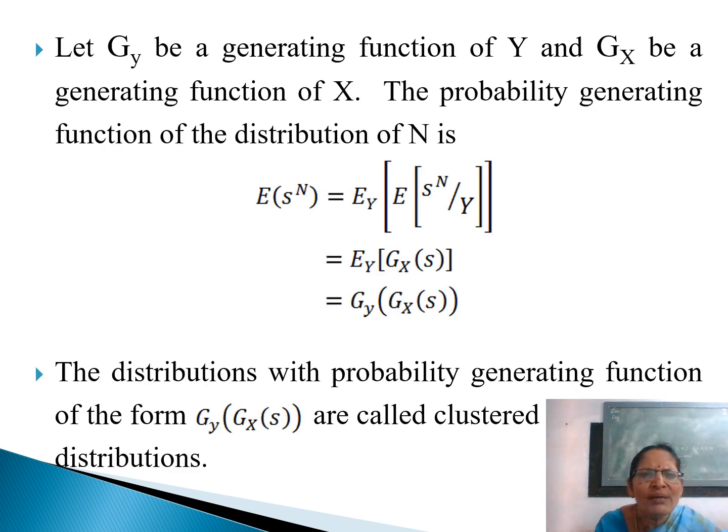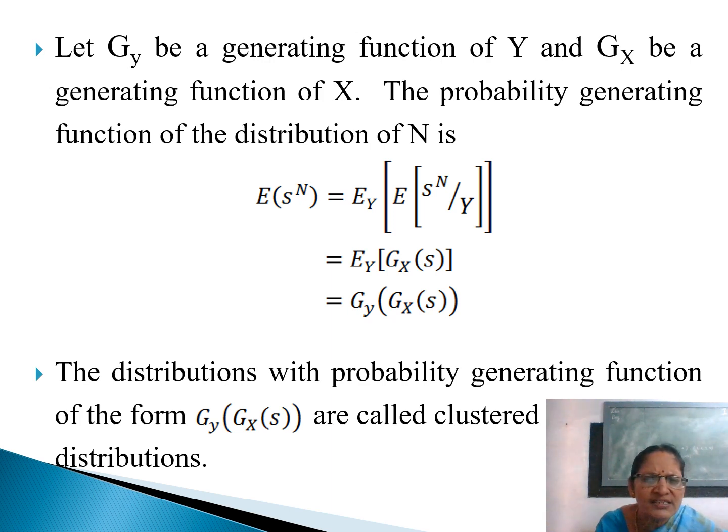Let gY be the generating function of Y and gX be the generating function of X. Then the probability generating function of the distribution of N is given by E of s power N, which is E_Y of s power N given Y. That is E_Y of gX of s, which is gY of gX of s.